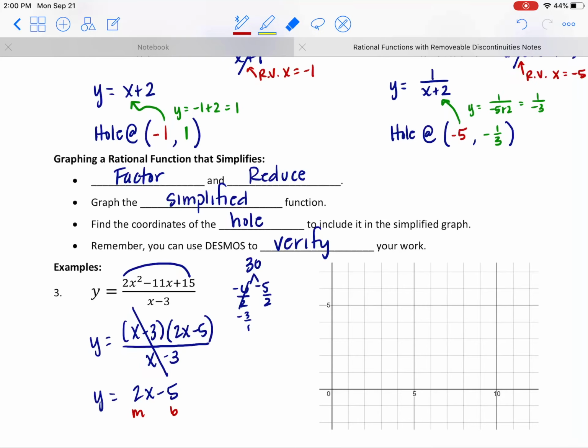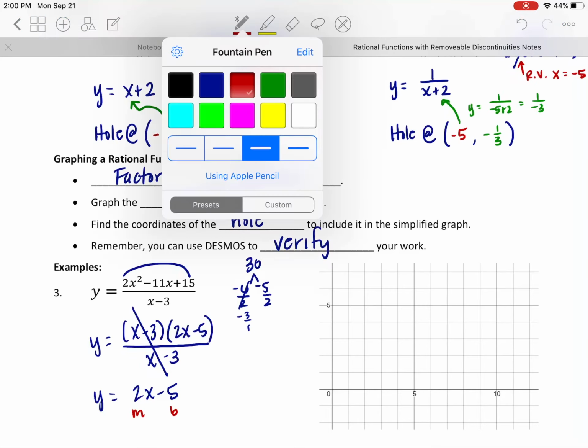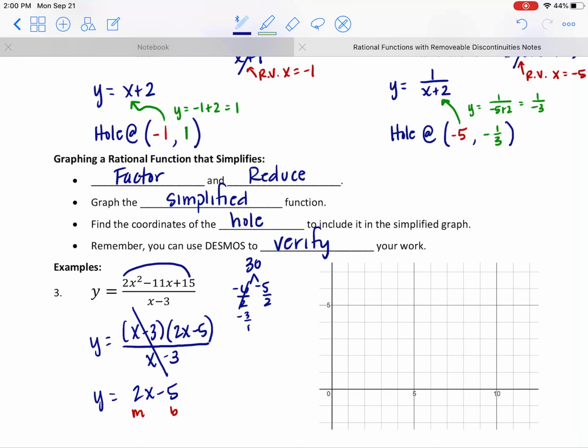But I did not put a good graph on my note sheet here, so I need to find a couple of other points. This is another route you could take to graph, since I only need 2 points to graph a line. Let's say I plug in +2. 2 times 2 would be 4, 4 minus 5 would be -1.